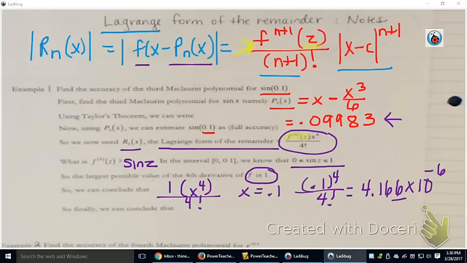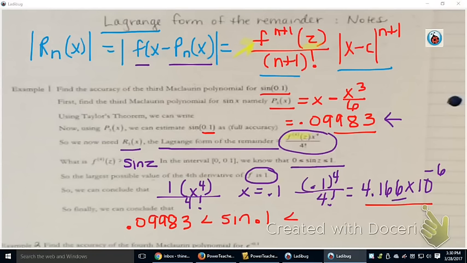If they ask for an interval, what you do is you take what the value estimate was that we got way up there, and we say that sine of 0.1 is between that value, and then we add the remainder to what we estimated it to be.